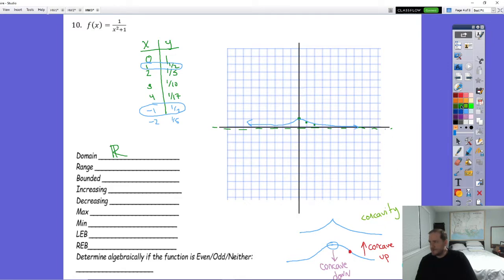And just to give you one more foreshadowing bit of information, this point right here, where the concavity changes, is called a point of inflection or an inflection point. And this has become kind of a buzzword.